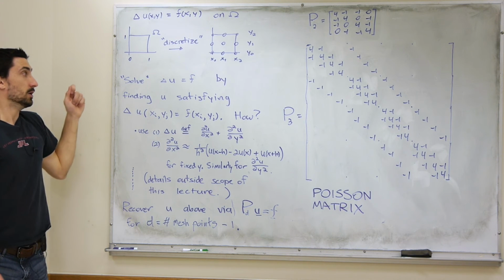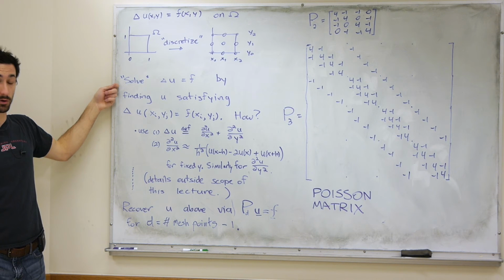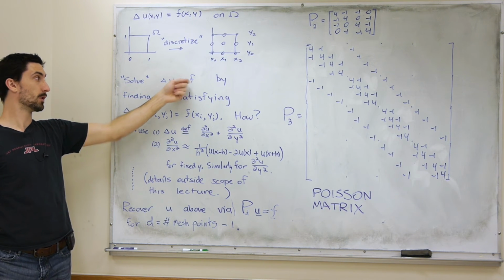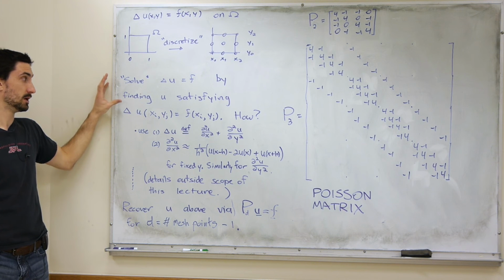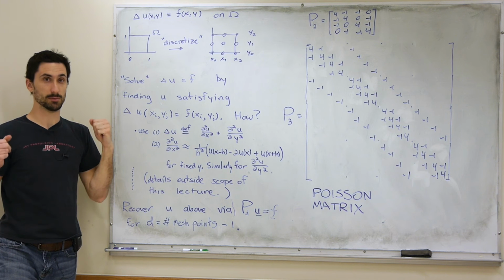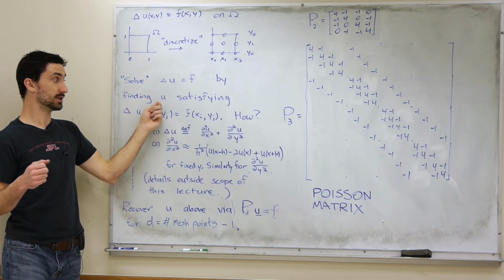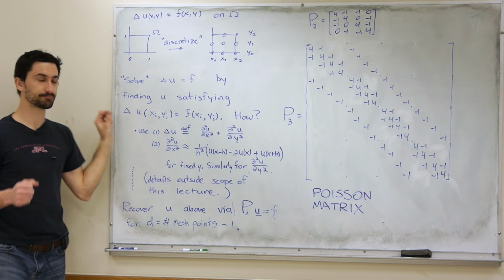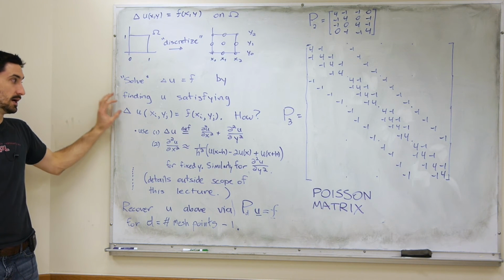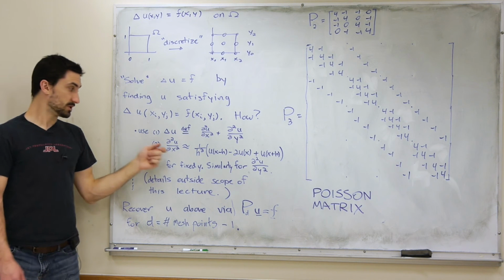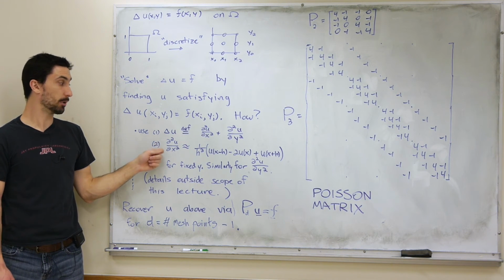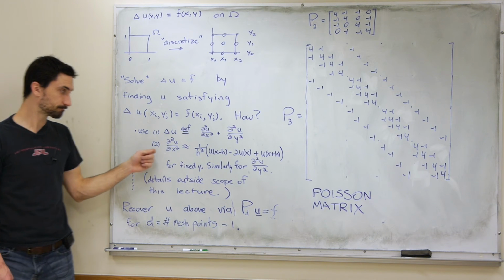And then we're going to make sure this equation is roughly satisfied by our solution u on just those grid points. So we're going to solve the Poisson equation, which is the Laplacian of the function u set equal to f, by finding some function u, and really by finding a function we mean approximating a function just on the grid points such that it satisfies this equation on those grid points. And to do that, we're going to use this method of approximating a second partial derivative of our function u.